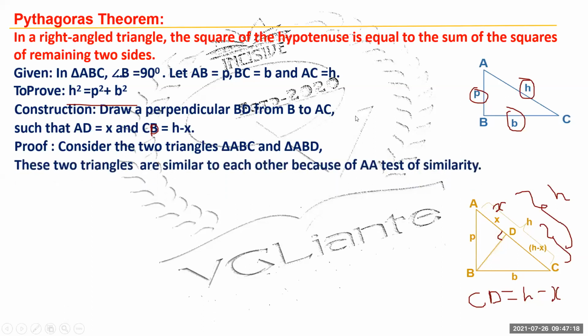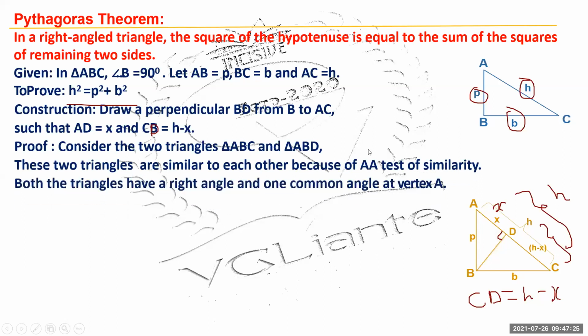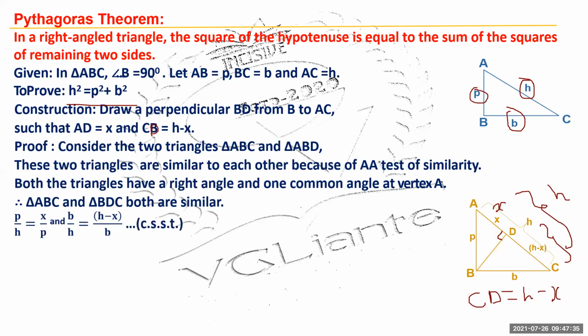These two triangles are similar to each other because of the angle-angle test of similarity. Both the triangles have a right angle and one common angle at vertex A. These are the reasons for that. Therefore, triangle ABC and triangle BDC both are similar. So P upon H equals X upon P. You'll get these corresponding ratios: P upon H equals X upon P, and B upon H equals H minus X upon B.